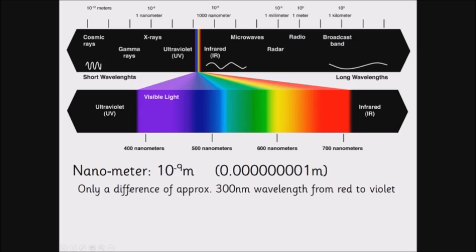So there is only a difference of approximately 300 nanometers wavelength from red light up through to violet light. So we are talking about a tiny part of the electromagnetic spectrum that our eyes are sensitive to, and this is what we see as colour.